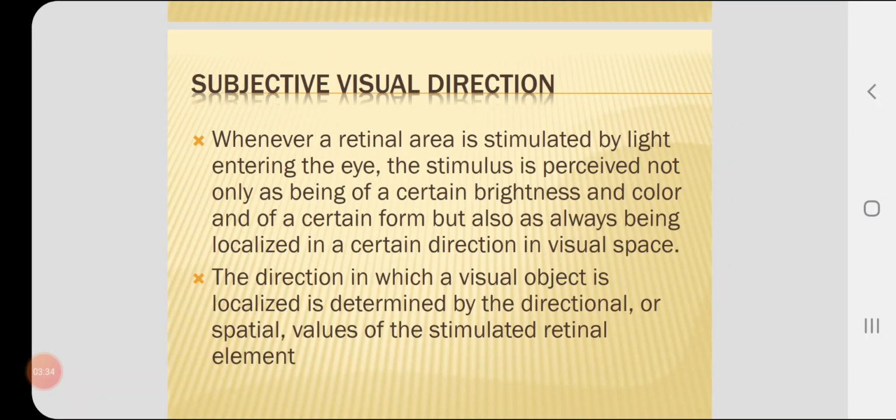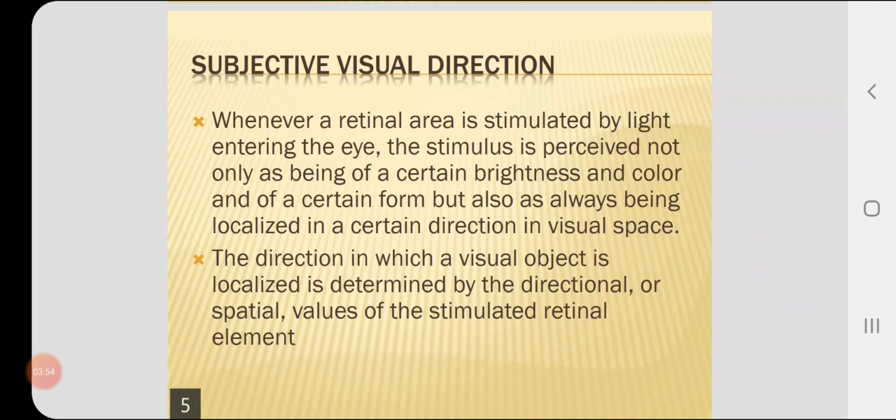Now let's talk about subjective visual direction. There are two things: one is called the physical space and another is called the visual space. What is physical space? Whatever already exists is called the physical space. Let's take the example of a classroom. The classroom is the physical space.